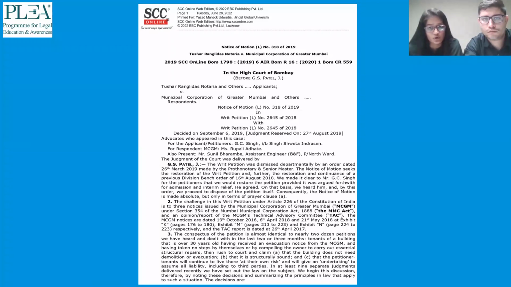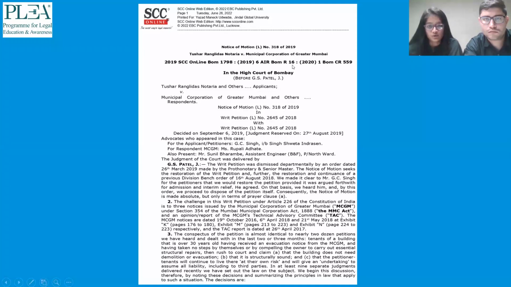Then 6 is the volume number. AIR Bombay is obviously the reporter, and 16 is the page number. So when you're pulling out a case from All India Reporter, you have to pull out the All India Reporter of the year 2019. There can be several volumes for the year 2019. Therefore, this is volume 6 and page number 16.